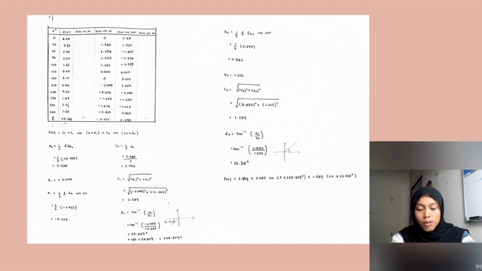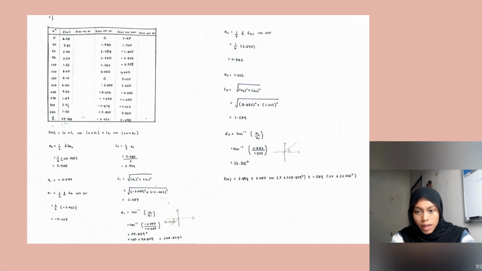For c2, the formula is the square root of a2 squared plus b2 squared. Then we replace the values of a2 and b2, and we get the value for c2, which is 1.589. For alpha 2, the formula is tan inverse of a2 over b2.